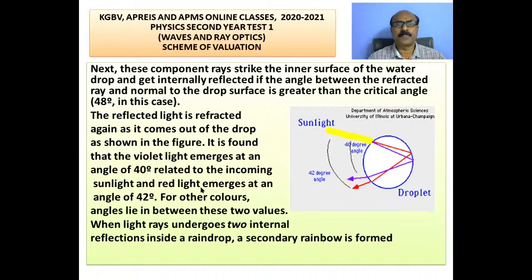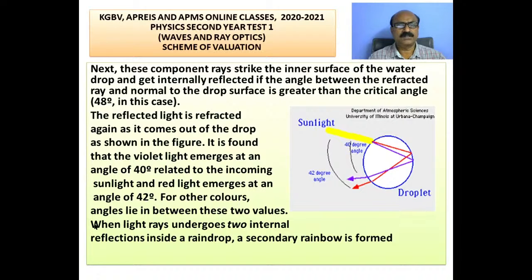Here it is. It is found that the violet light emerges at an angle of 40 degrees. See, violet light emerges at 40 degrees relative to the incoming sunlight. And red light emerges at an angle of 42 degrees.